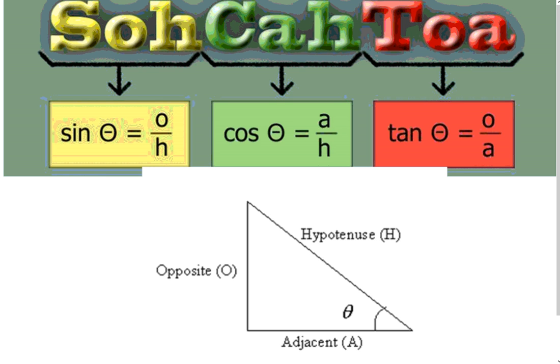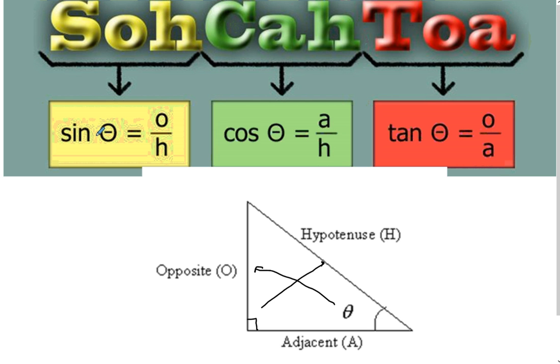Okay, so if we have a right angle triangle, the side opposite the right angle is always called the hypotenuse. The side opposite the angle is the opposite. And the side that's got the right angle and the angle is the adjacent. So what you need to remember with trigonometry is SOH CAH TOA.